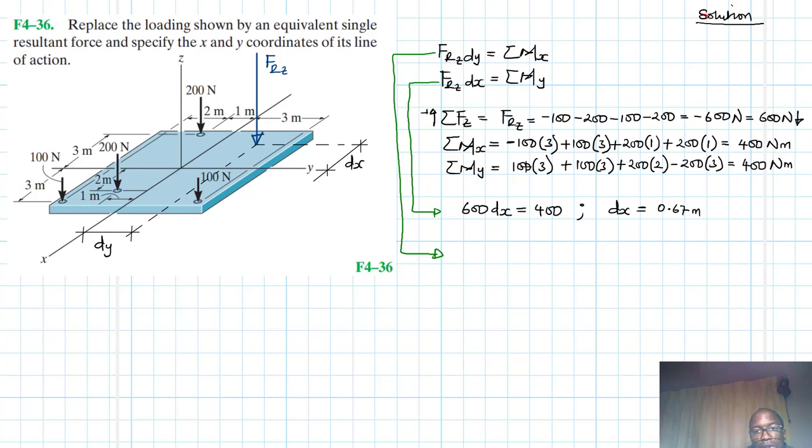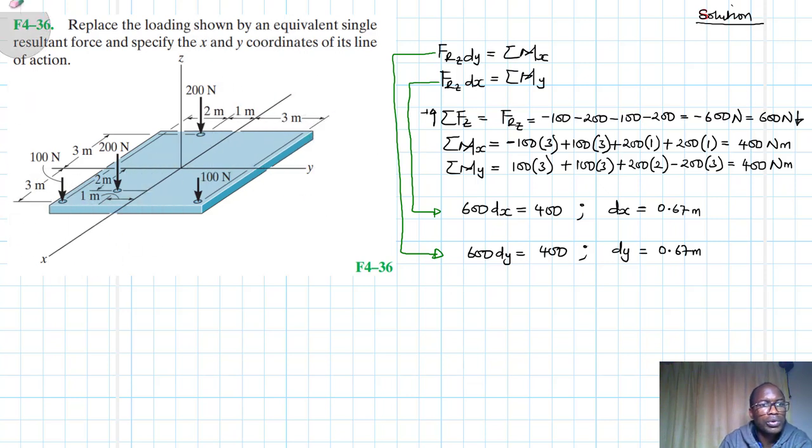It is also positive on both sides, summation of moments about the x-axis. So we'll have 600 times dy equal to 400. Therefore, our dy will also be equal to 0.67 meters, right? So let's now redraw this.